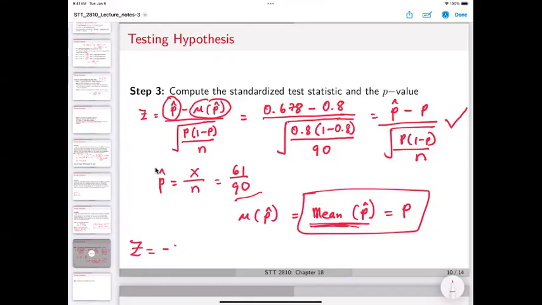I got minus 2.893. So that is how to compute the standard test statistic.